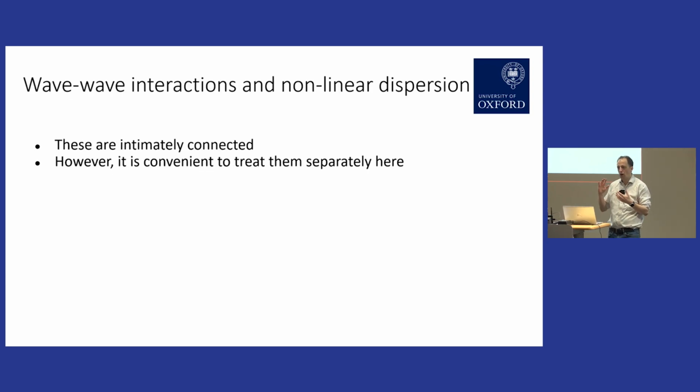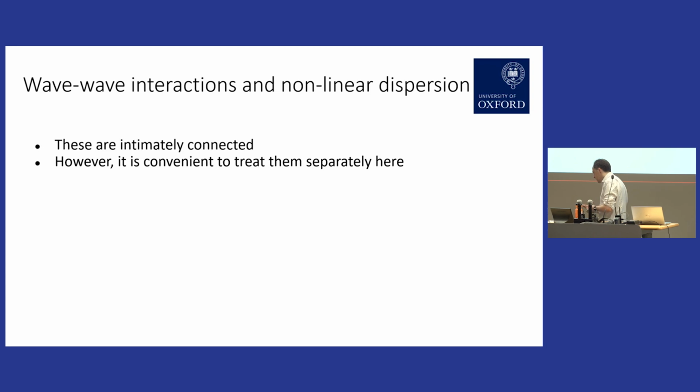So the next form of weak nonlinearity I'm going to talk about is, well, wave-wave interactions and nonlinear dispersion. Now, these are really intimately connected. Indeed, everything in this talk is intimately connected. But there are some ways where actually these come out of exactly the same mathematical terms, depending on how we write down our equations.